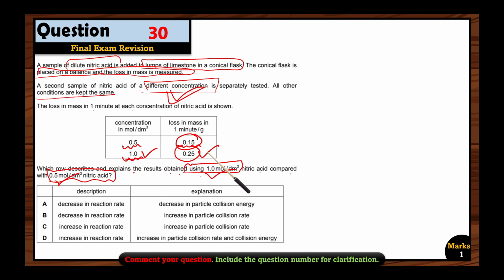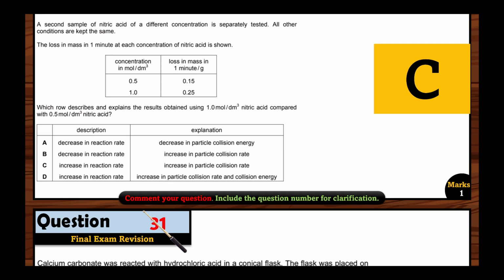So in 1 mole the rate of reaction is higher. So we have to see an increase in the rate of reaction. Why is there an increase? Because there is an increase in particle collision rate. Increase in particle collision rate and collision energy, that's wrong. It's only for the temperature, I already told you. So that's why option C is the only right option.